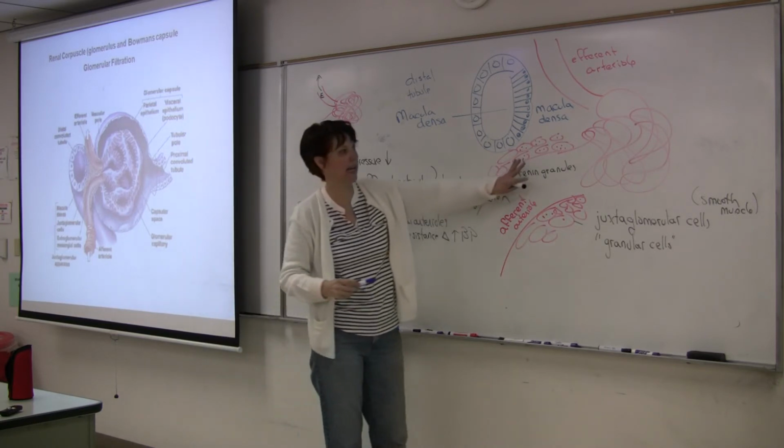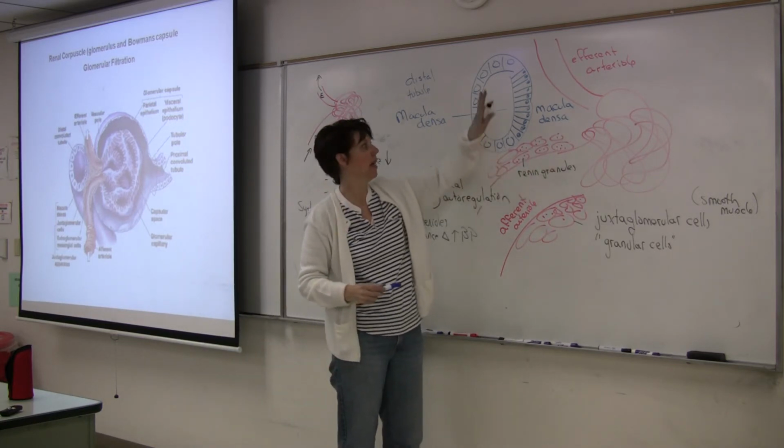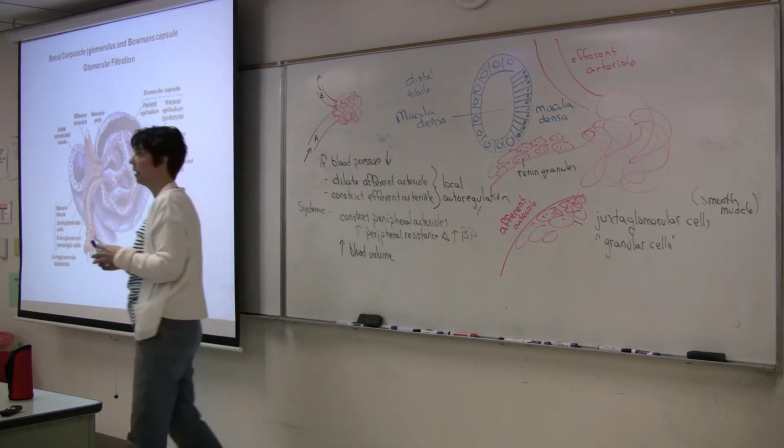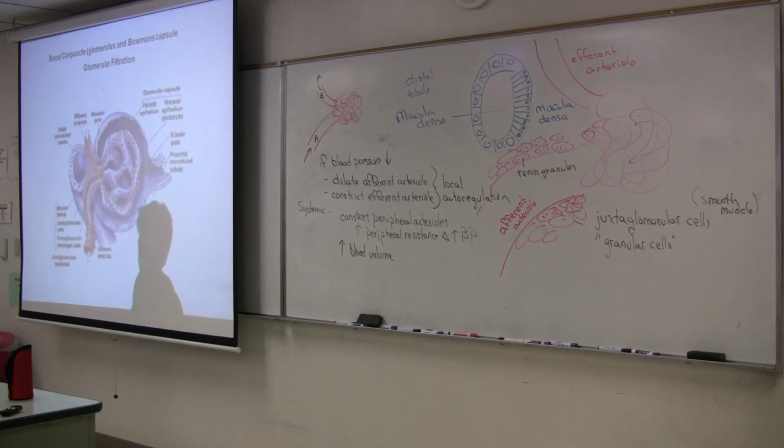So juxtaglomerular cells of the afferent arteriole and macula densa of our distal tubule together work to respond to low blood pressure within the capsule. So let's see how that works.